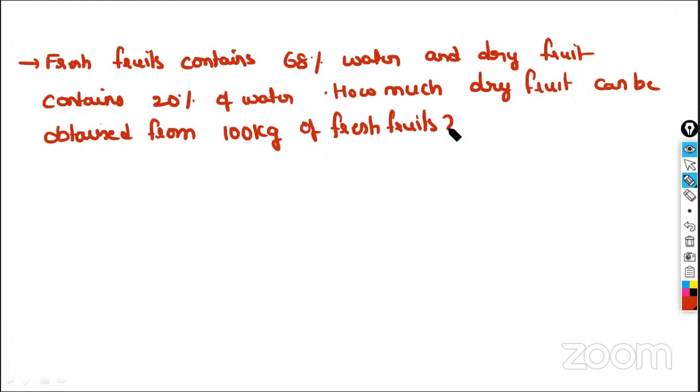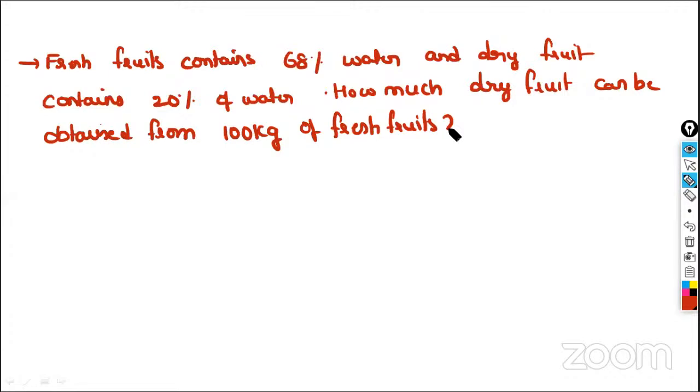Here, what is the content in the fruits? Very good, Tejaswini and Soumya. Finally, you got the concept. Pulp is very important, right? Fruit pulp is important.